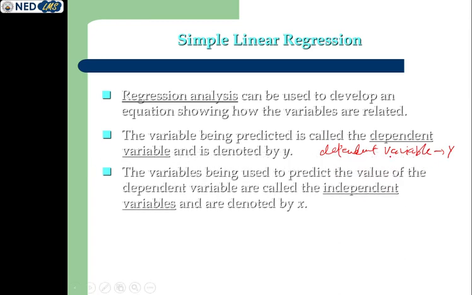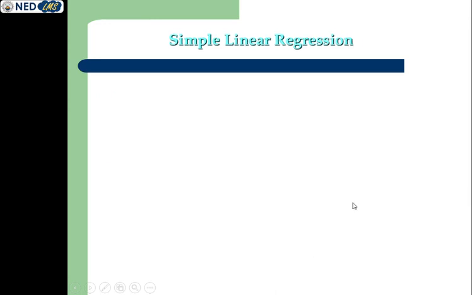Now the independent variable, the variable used to predict the value of the dependent variable, is called the independent variable, denoted by x. Okay, so these are the notations. The dependent variable is mostly denoted by y, and the independent variable is denoted by the x variable.